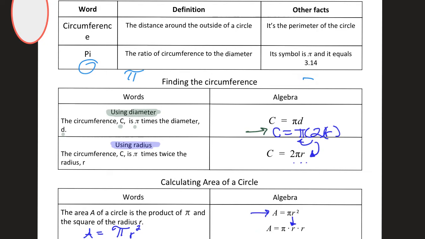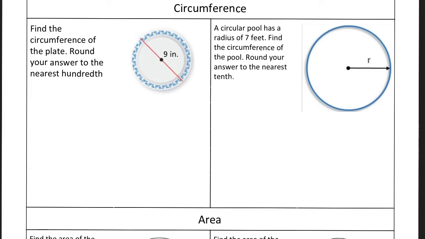So we're going to start with a circumference example. Okay, I'm going to write my formulas up here. C equals pi times the diameter, or C equals 2 times pi times the radius.